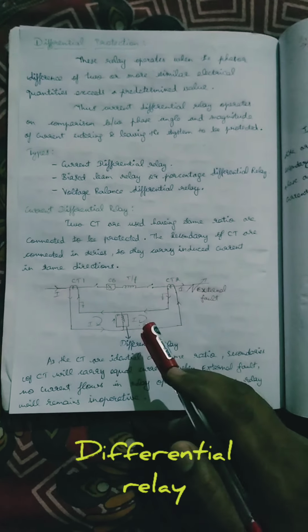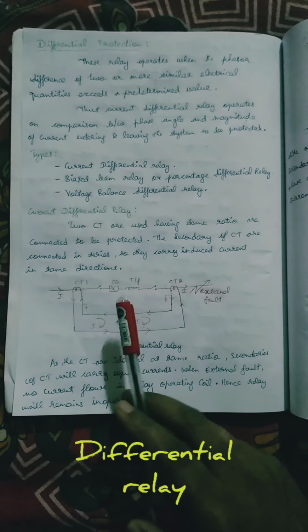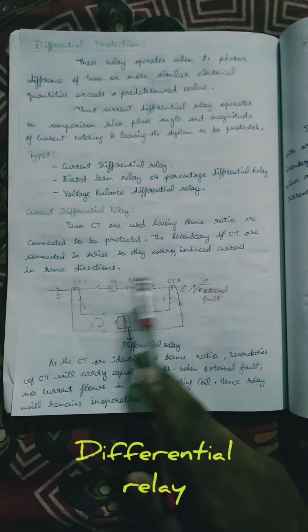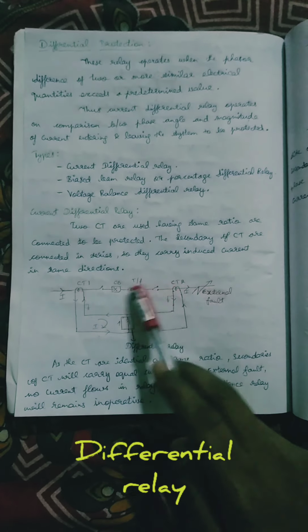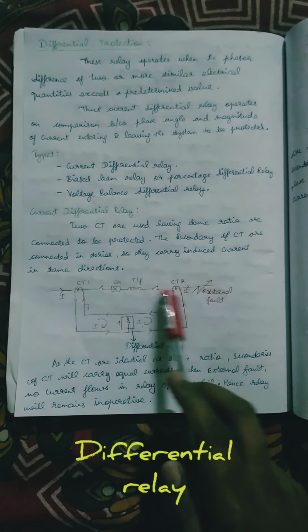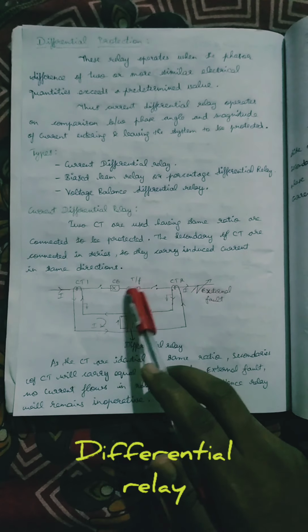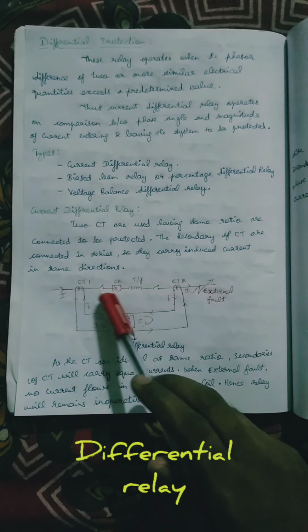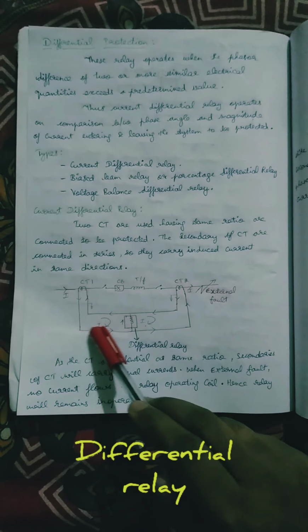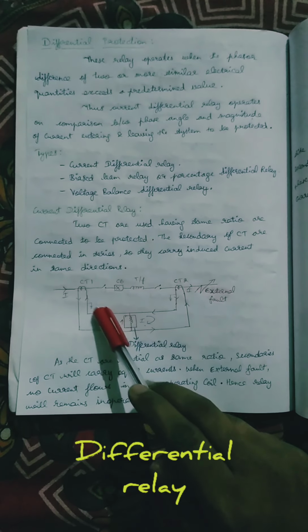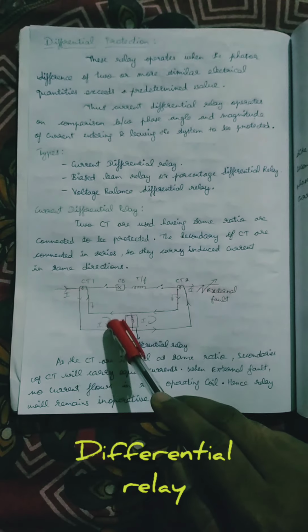Right now, coming to this point, we have two CTs and the zone to be protected lies between these two CTs. Here the current enters, goes down and turns back, forming a circular path.